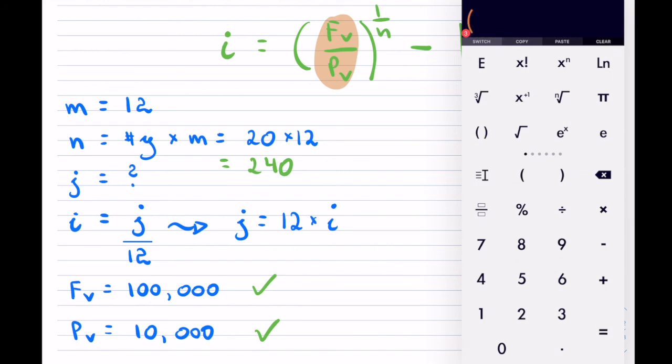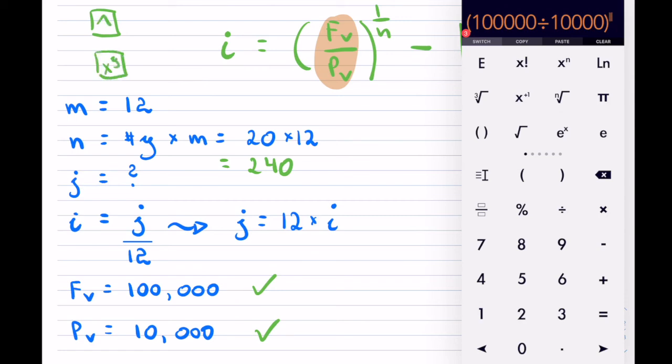So bracket, future value, so it's 100,000 divided by 10,000. That's in brackets. Now we need an exponent, so we raise it to the exponent. Your exponent on your calculators, there are many different kinds. Sometimes it looks like a little hat, sometimes it looks like x to the y.